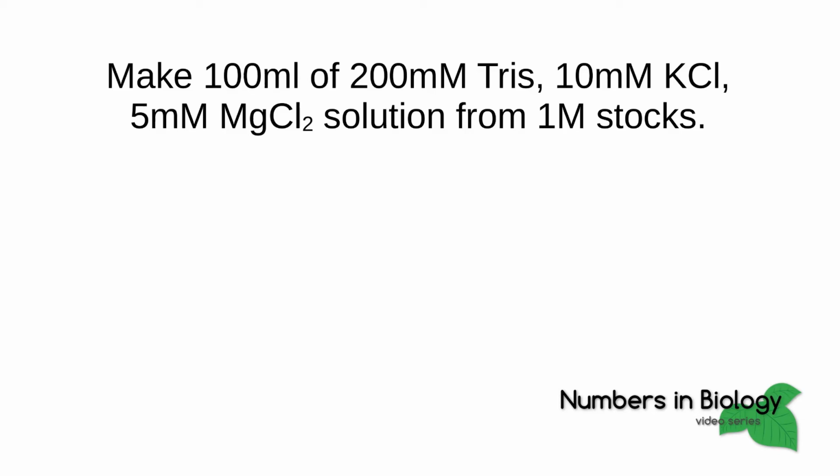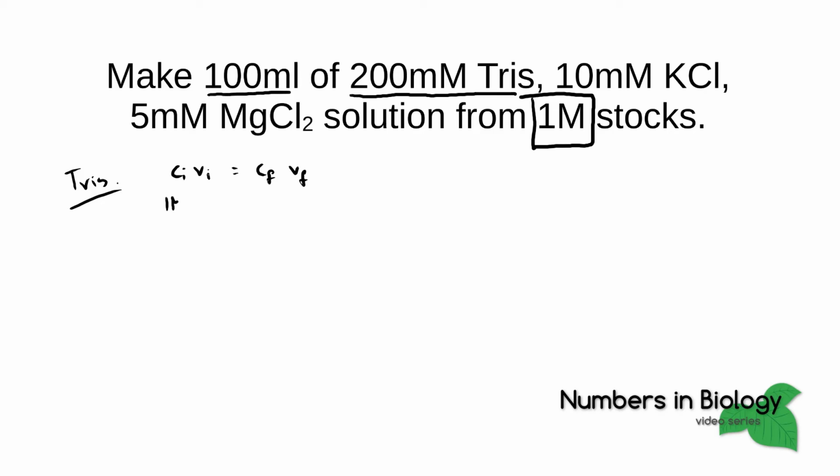So you're going to calculate tris first. And you're going to say, okay, C initial, volume initial, and then final concentration and final volume. And so the initial concentration for all of these is going to be 1 molar. The final concentration will be 200 millimolar, and the final volume is 100 milliliters.